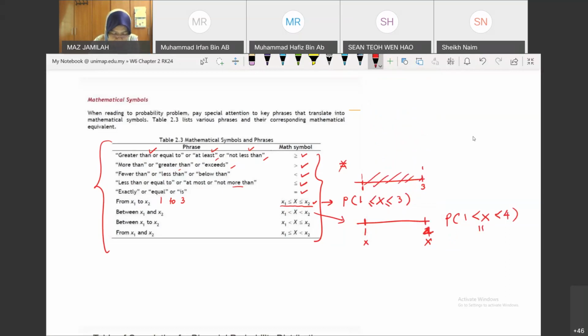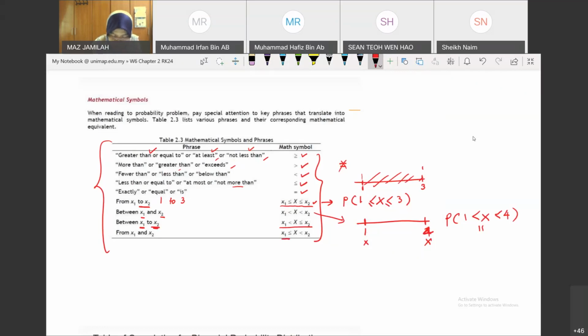What about between, with one end included? Between x1 and x2 means that x1 is not included but x2 is included.